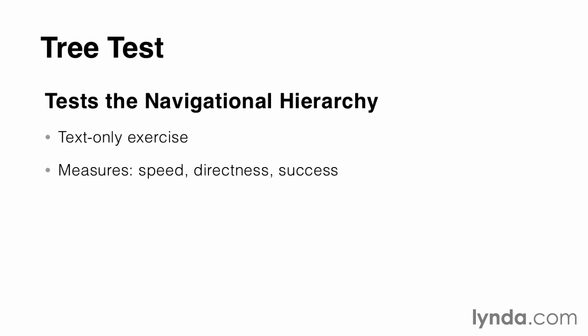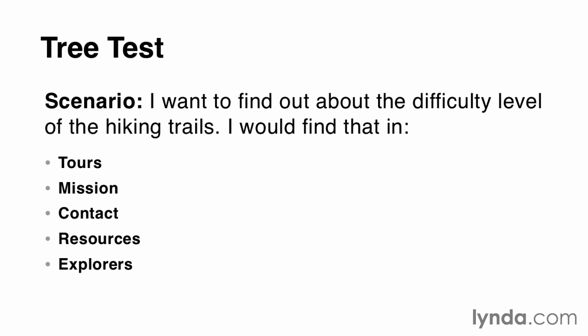So in this scenario, here's an example of one of the tests. The goal is to find the difficulty level of the hiking trails. So before I book a hiking trail or a hiking trail retreat, I want to know what the difficulty level is and how would I be able to find that before I book. So I'm given the primary navigation.